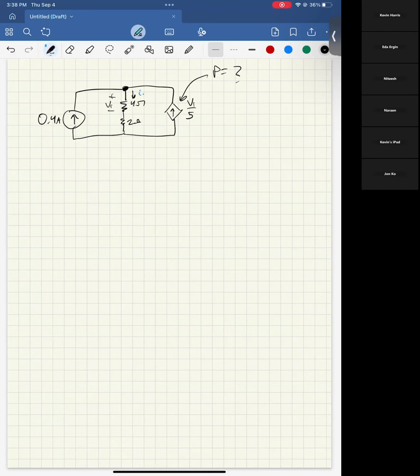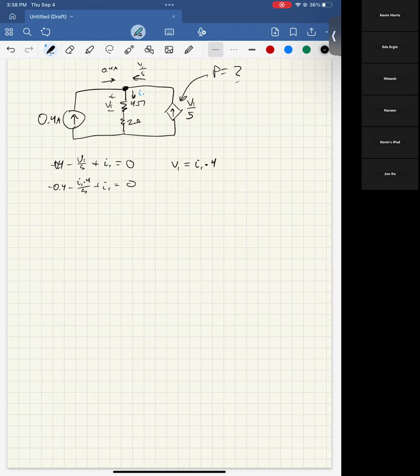So we can say, okay, we have 0.4 there. You have V1 over 5 here. So that's going to be negative 0.4 minus V1 over 5 plus I1 equals 0. And then that V1 is going to be equal to I1 times 4. If we do our math here, negative 0.4 minus I1 times 4 over 5 plus I1 equals 0.